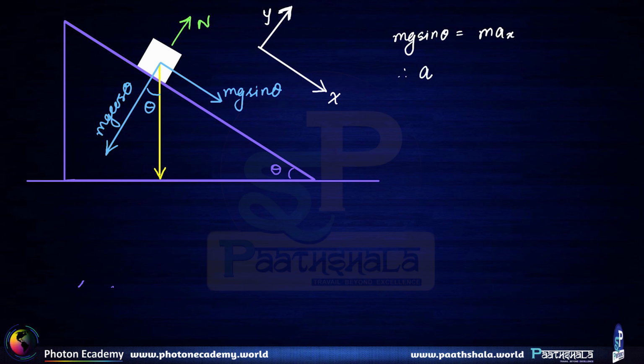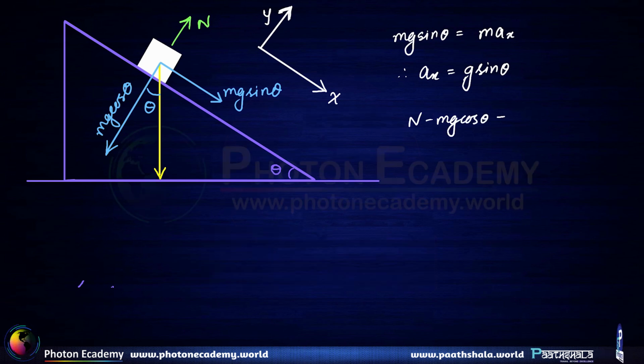Therefore, acceleration in the x direction happens to be equal to g sin theta. And in the y direction, we can write down N minus mg cos theta is equal to m into acceleration in the y direction, which happens to be 0. Therefore, N is going to be equal to mg cos theta in the y direction, and the acceleration in the y direction is going to be 0. So this is the analysis of the wedge.